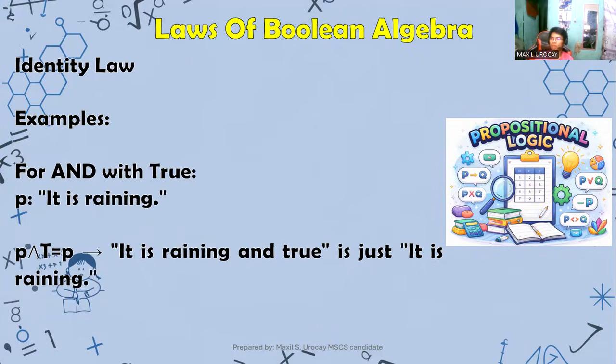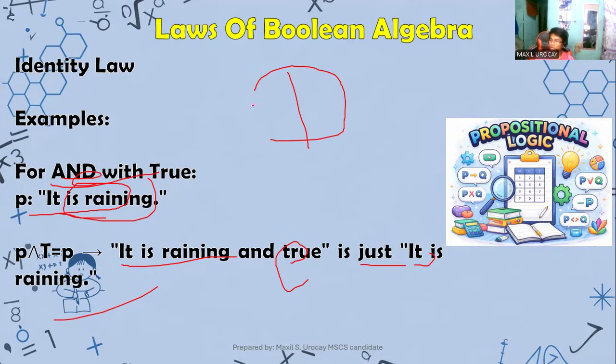Hopefully that's clear. So for example, for and with true, it is raining, plus true. So, and true. So therefore, it is raining and it is raining. It is raining and true. It's just, it is raining. Because it is raining and it is raining. So it is raining only, because you are trying to combine itself.